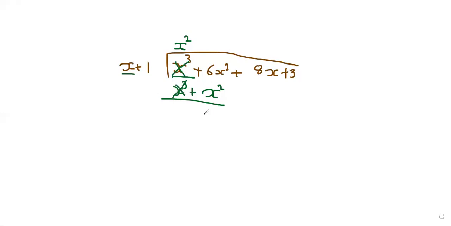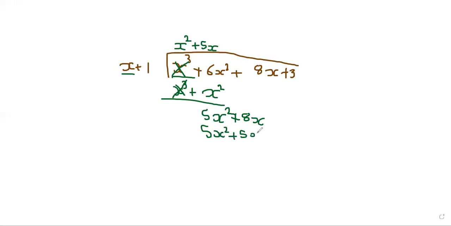And then we'll get 5x squared down here. And then I'll bring down the next term, plus 8x. Cool. And then what we need to do is divide by x again to get plus 5x. 5x squared divided by x is plus 5x. And we times the 5x by the x and the plus 1 to get 5x squared plus 5x.